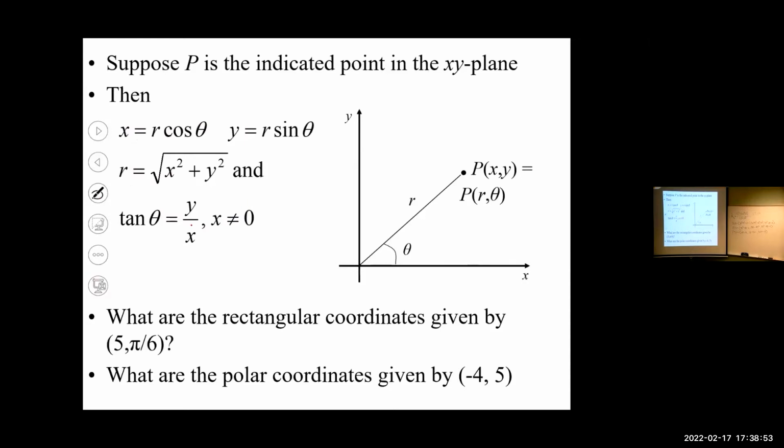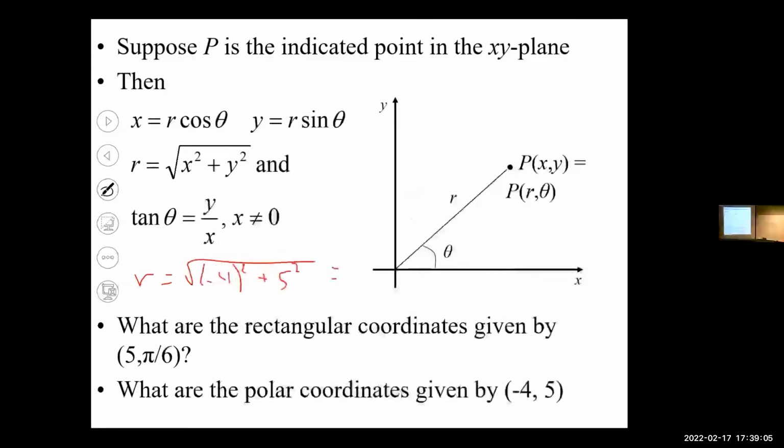R is easy. R is the square root of -4 squared plus 5 squared. So we've got 16 and 25, so root 41. So there's our r. We also need the theta that goes with it.